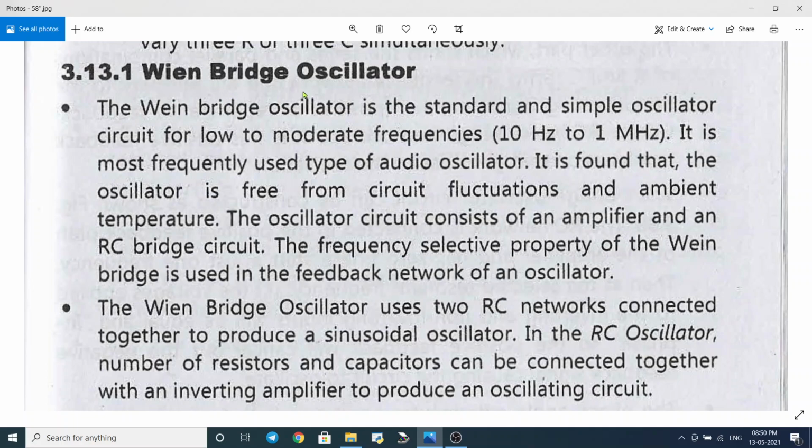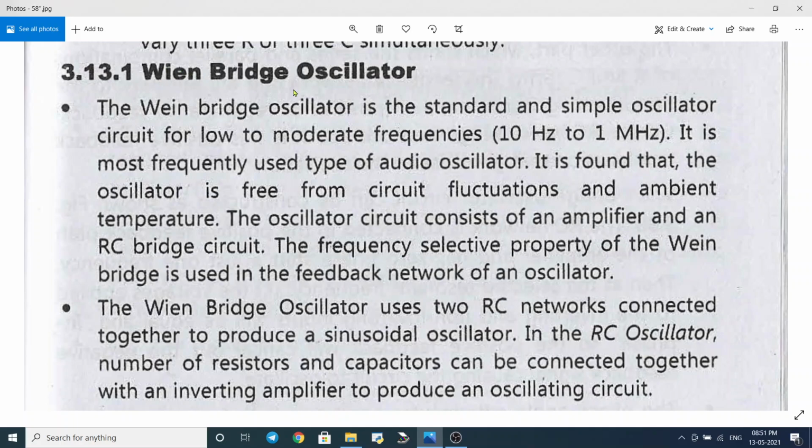In this lecture, we want to see the Wien bridge oscillator. The Wien bridge oscillator is an RC type oscillator. We know the sinusoidal oscillators are RC oscillators, LC oscillators, also called tuned oscillators, and the crystal oscillator.